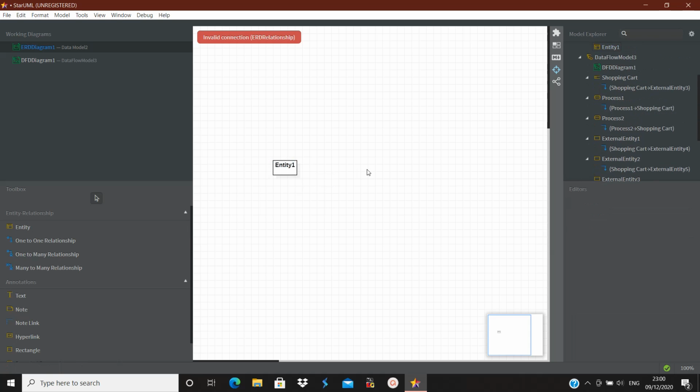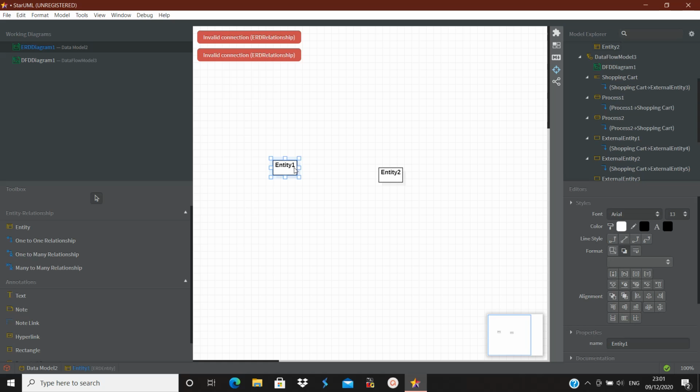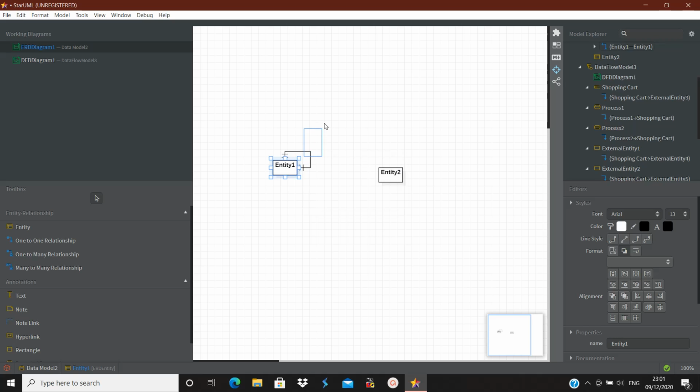If we draw the entity, so if you want to show the one to one, it is showing the different relationship.